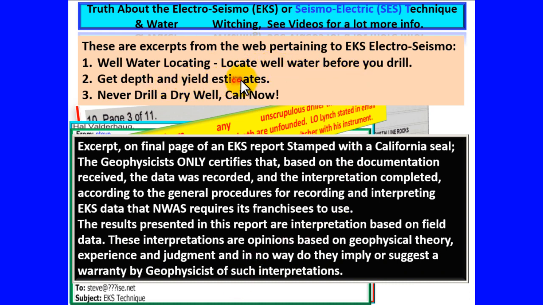Get depth and yield estimates. This guy will not warranty it. Never drill a dry well. This guy who stamps it with a California seal will not warranty it. It sounds like he's aiding and abetting with a disclaimer. Doesn't sound right. Anyway, read this real carefully.